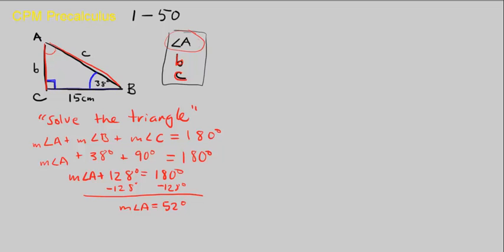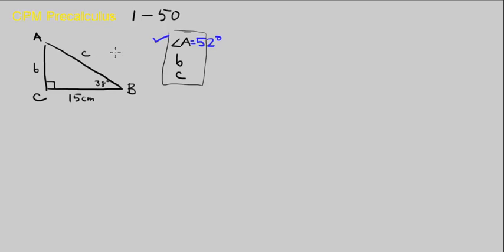Okay, so now we know it's equal to 52 degrees. Let me get rid of all of that. We still need to find side B and side C. So I'm going to write 52 degrees in my triangle.